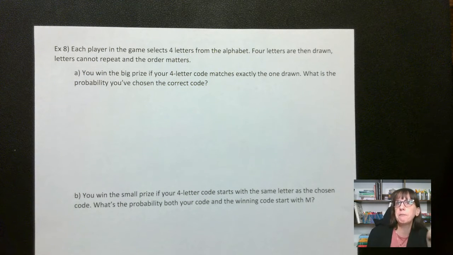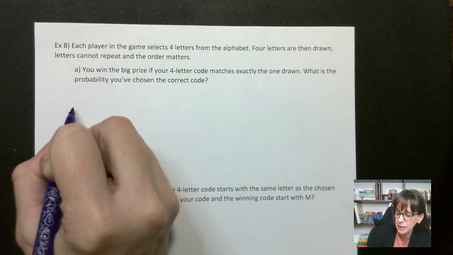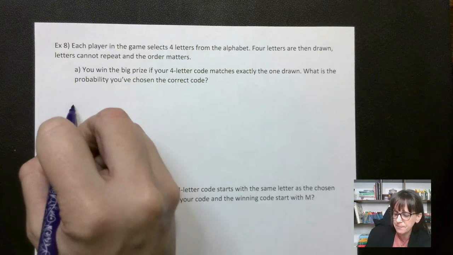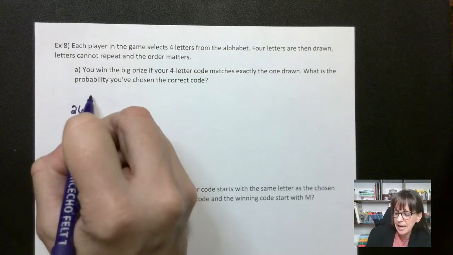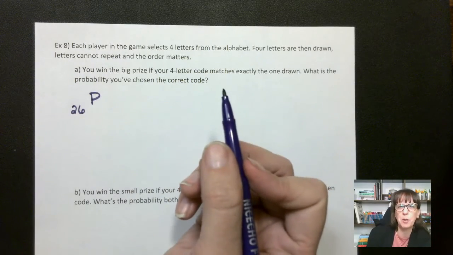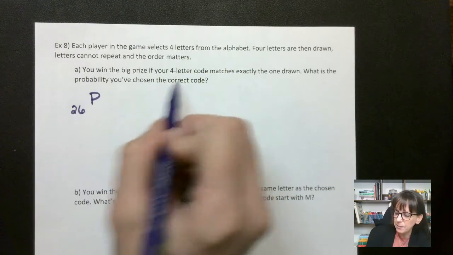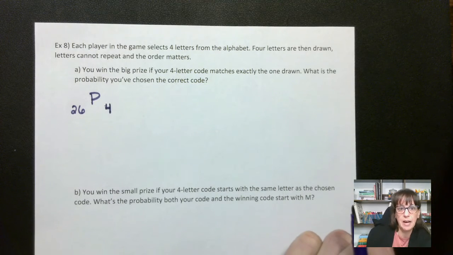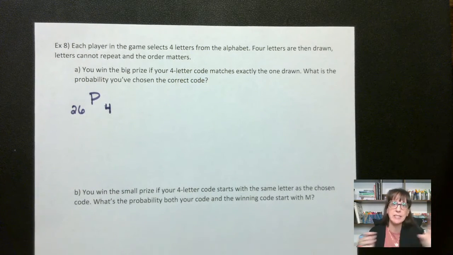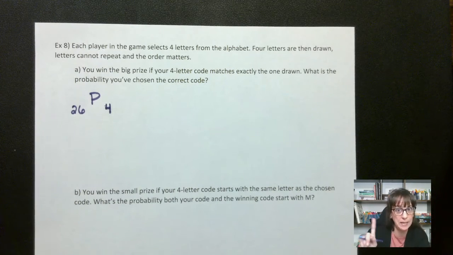All right, well, first let's think about this. There's 26 letters in the alphabet, and it's got to be a permutation. I think I said probability. I meant permutation. And we're picking 4 of those out of that 26. So how many different ways can we have 4 letters arranged from 26 without repeating?